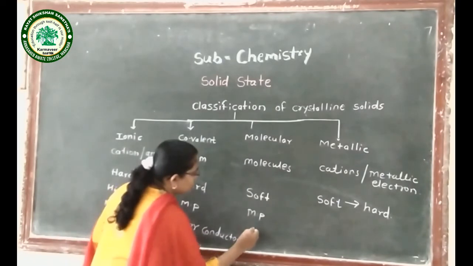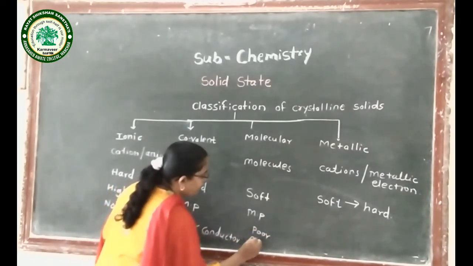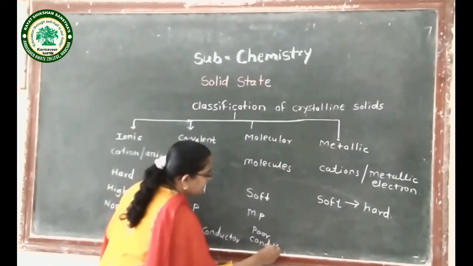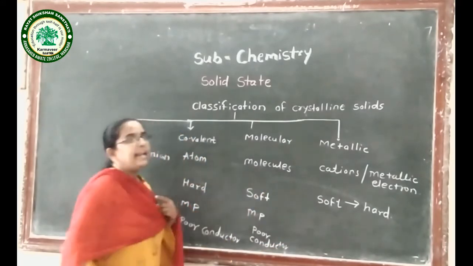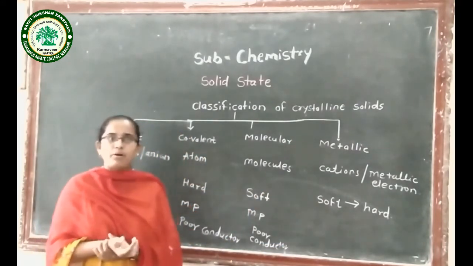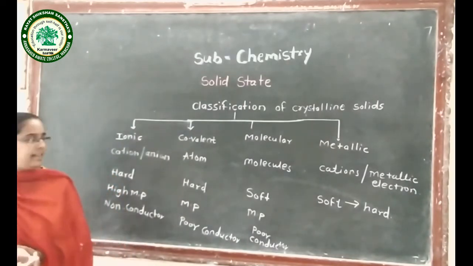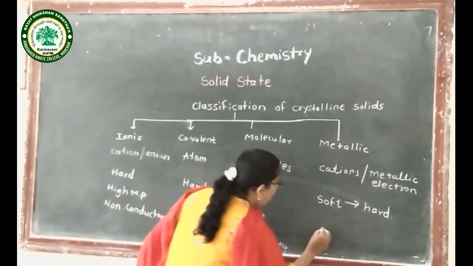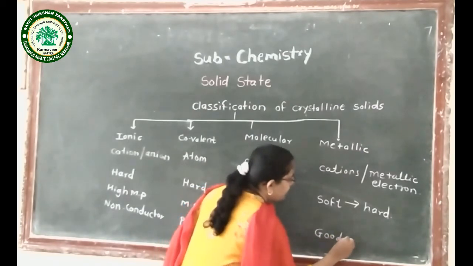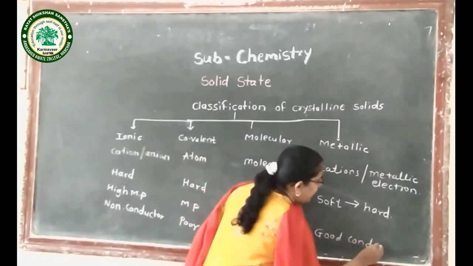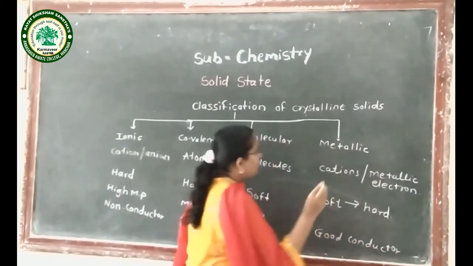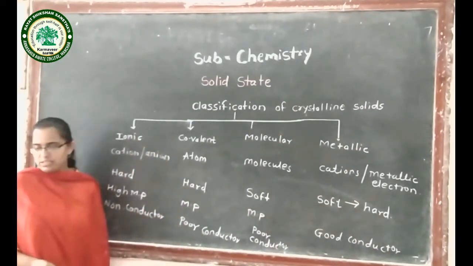Molecular solids are also poor conductors of heat and electricity. Next is the metallic solids. You all know properties of metals. Metals are malleable and ductile. They are very good conductors of heat and electricity.